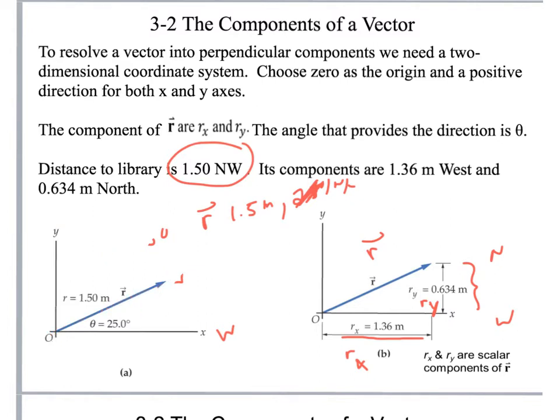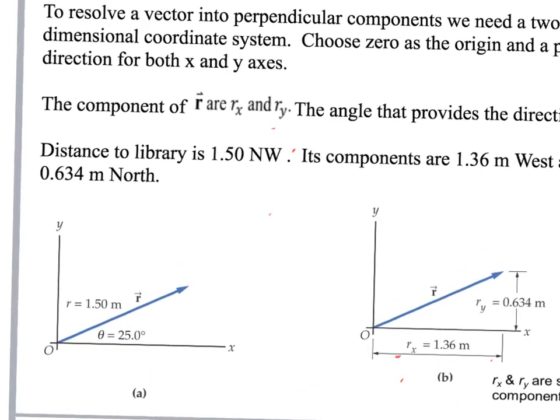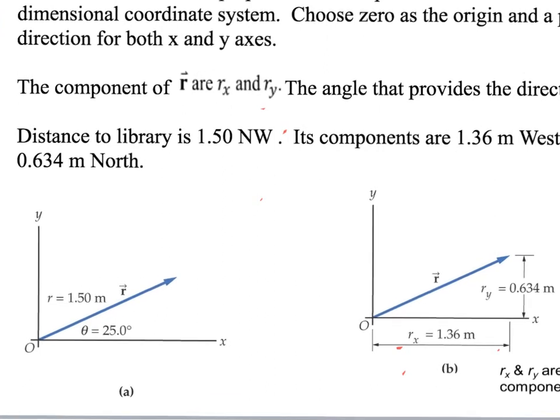To show you that both A and B are equal, we'll use our trigonometry equations. So here in figure A, we know the vector and we know the angle. I'm sorry, the scalar and our angle. In our problem solving, we want to write down what we know.